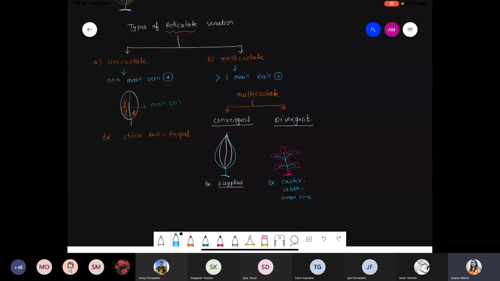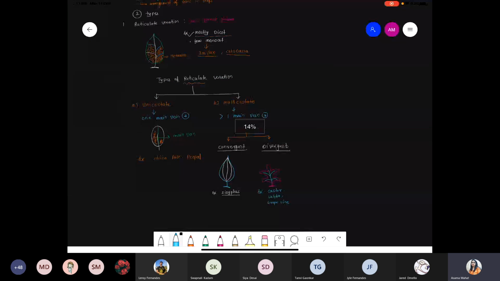No need to remember each and every example, because only 2 questions will come from morphology, as it's a large and lengthy part. So just focus on the modifications and a few examples. Okay. So this is the first point, reticulate venation, where veins form a network.